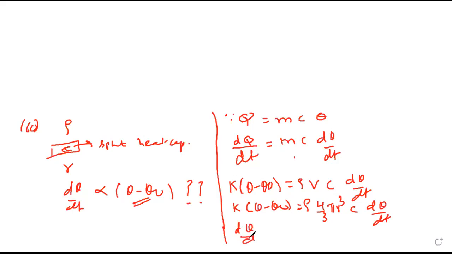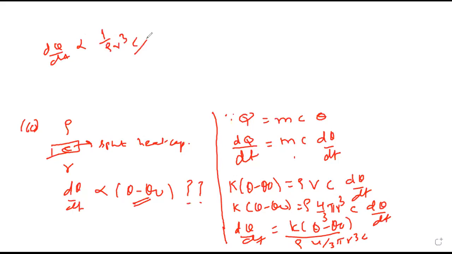So d theta by dt equals K times (theta minus theta 0) upon rho into 4 by 3 pi r cube into C. You can clearly see it is proportional to theta minus theta 0, which they have already given. What extra are we getting? 1 upon rho r cube C. Clear? Yes, sir. A bit difficult one. If you have done it once, then it will click in your mind. So 1 upon r cube rho C, option B.